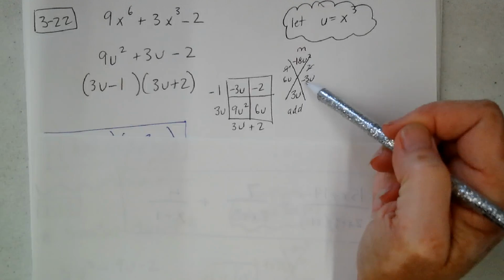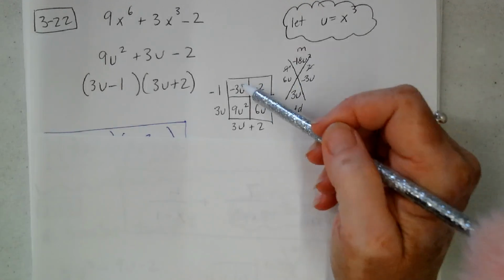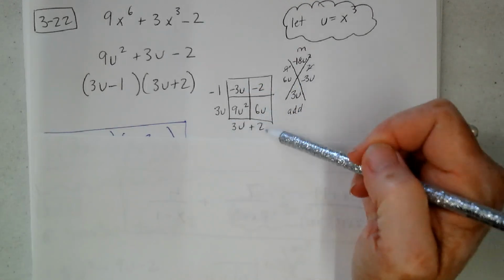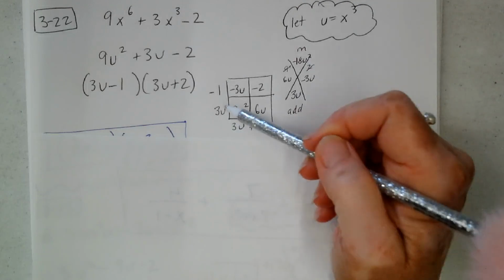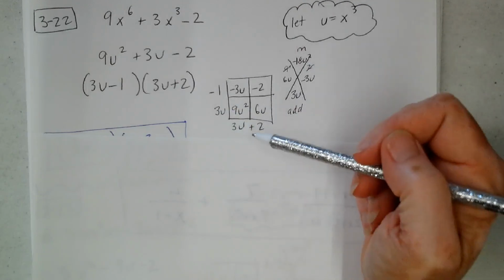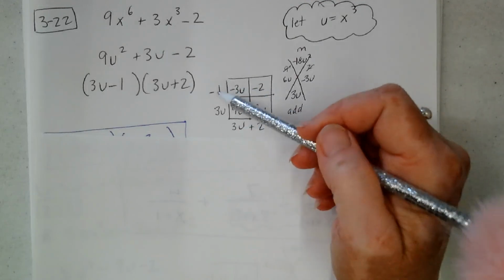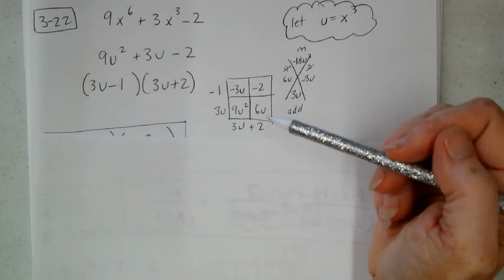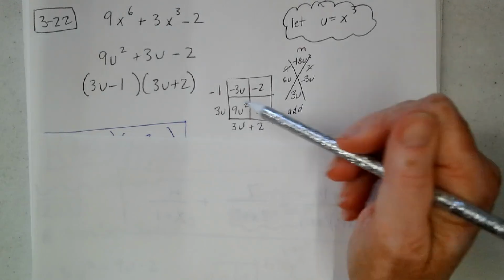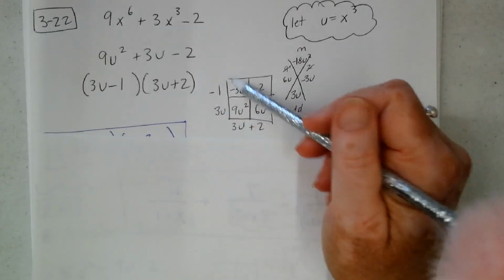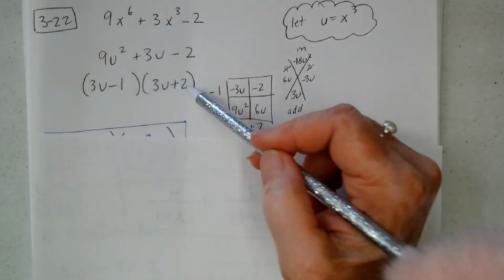So I'm plugging these two numbers into my area model, and then I'm filling in the sides here, like 3u times 3u makes 9u squared. This one had to be negative 1 because 3u times something equals negative 3u. This one had to be 6. So these are the factors. So I wrote it factored.